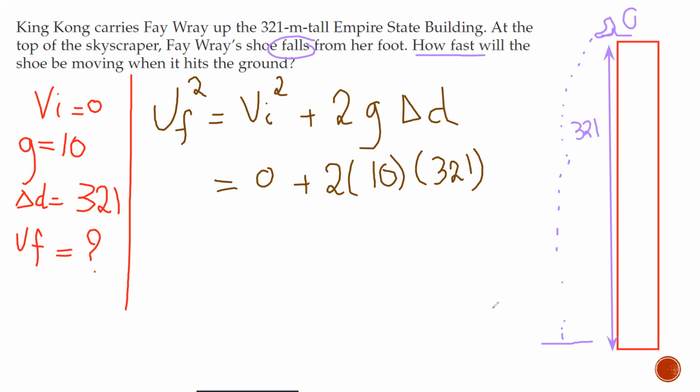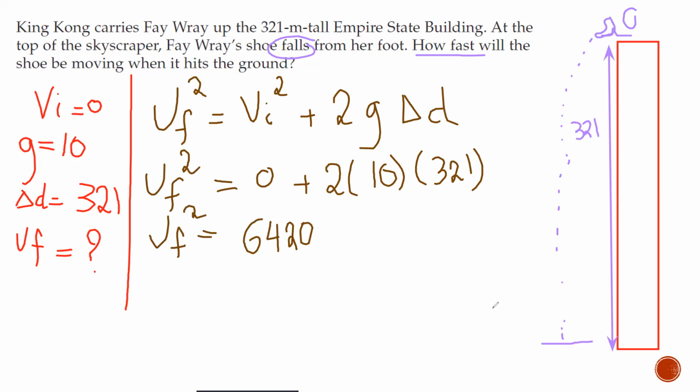These are equal to V final squared. Then 2 times 10 times 321, 20 times 321 is 6,420. This will be V final squared.